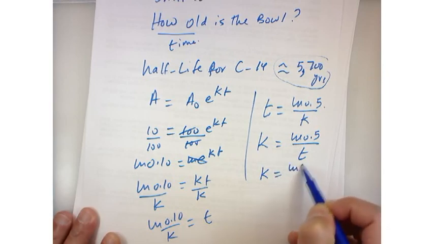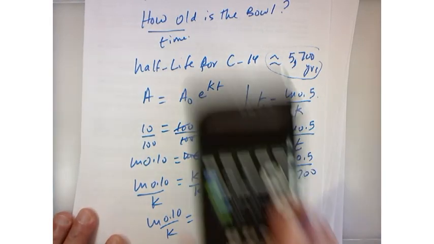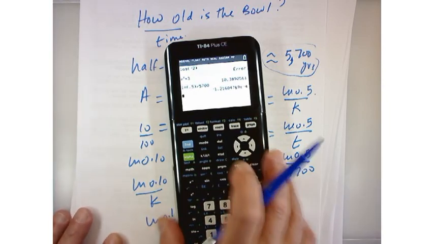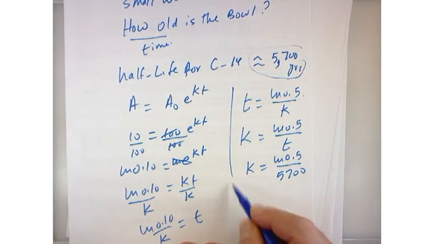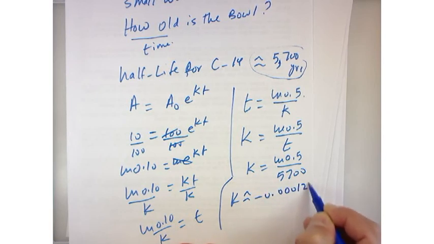Since we have 5,700 years for the half-life, ln of 0.5 divided by 5,700 is negative 1.216 times 10 to the negative 4, which is roughly negative 0.0001216.